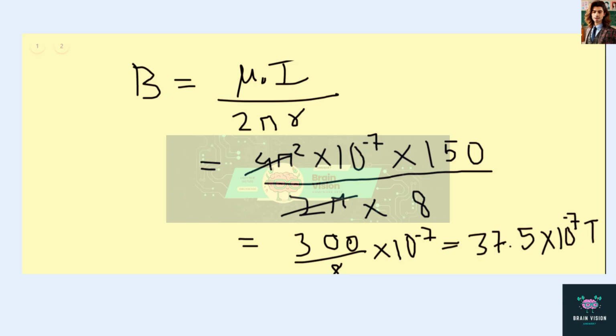So just remember it's negative 7. So this is the amount of magnetic field generated by the transmission line, which is carrying 150 amperes of current, at the ground at a distance of 8 meters from the line. So 37.5 times 10 raised to negative 7 Tesla.